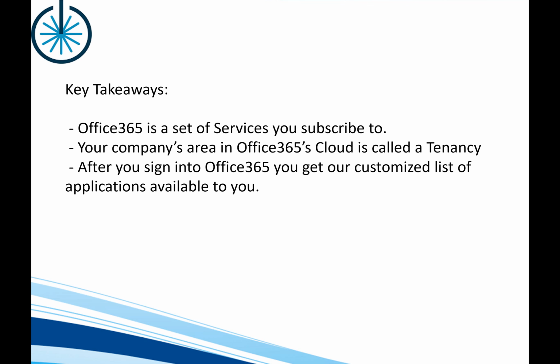After you sign into Office 365, you will get your customized list of applications available to you. And that's all set by your administrator when it's set up. In some organizations, maybe some people get Exchange email services, some people won't, some people get SharePoint, some people won't. It just depends on what your organization is subscribed to and what's being offered to you as a user.